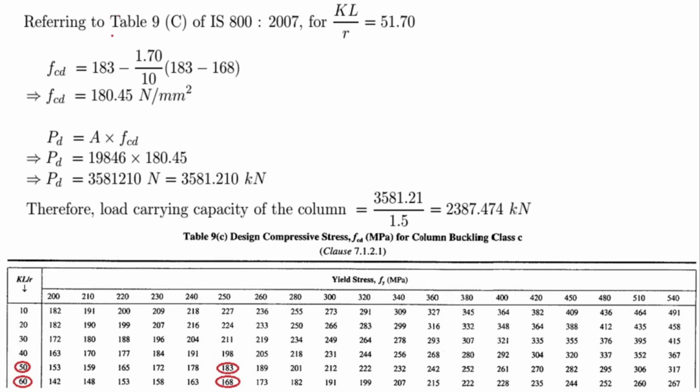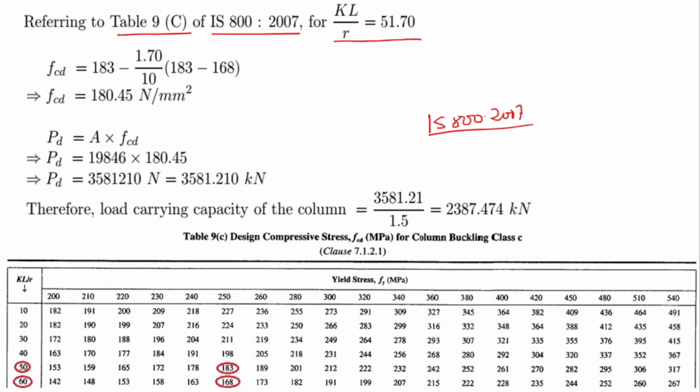Now, referring to table 9C of IS 800/2007, for KL by R equal to 51.70. See, in IS code IS 800/2007, for different buckling classes they have given different compressive stress tables.